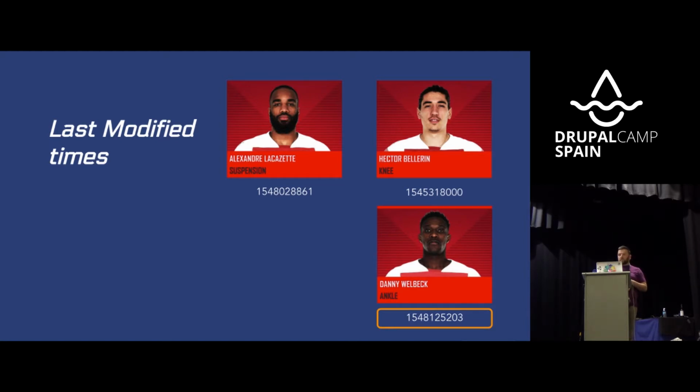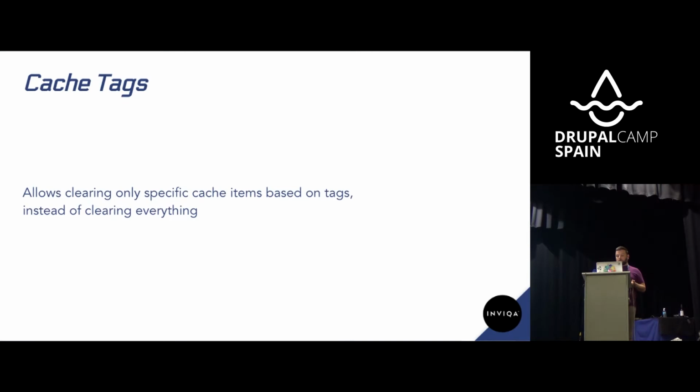This means that even though Drupal would try to re-render and recache the API endpoint, the CDN would see the same old last modified value and would do nothing about it. So this is where the cache tags could come into play.